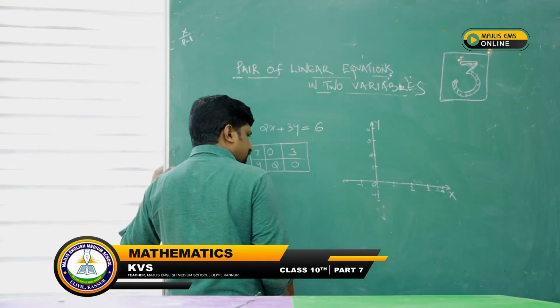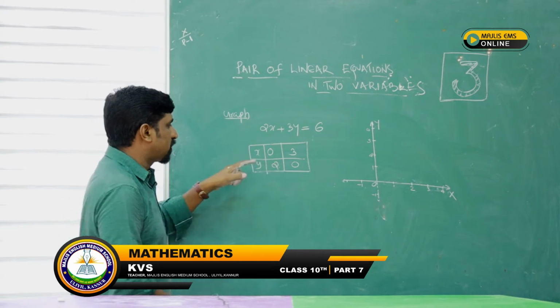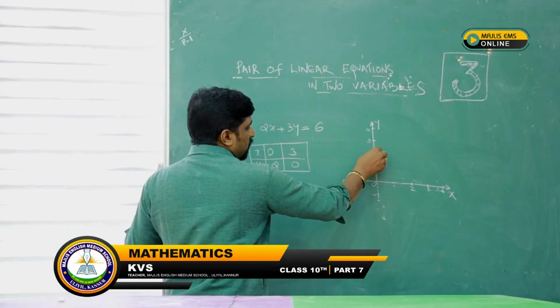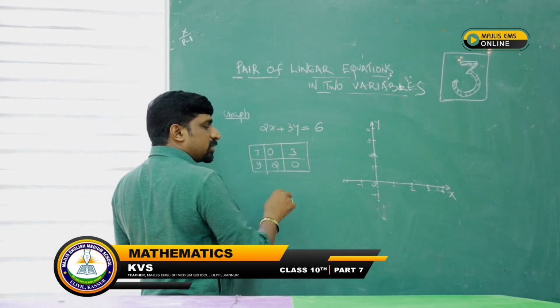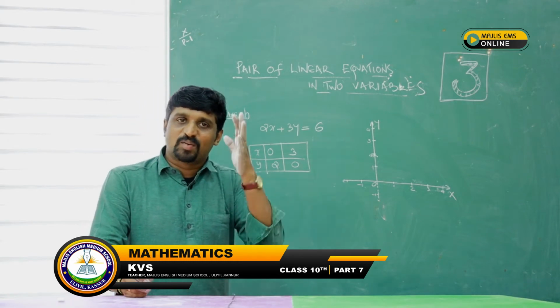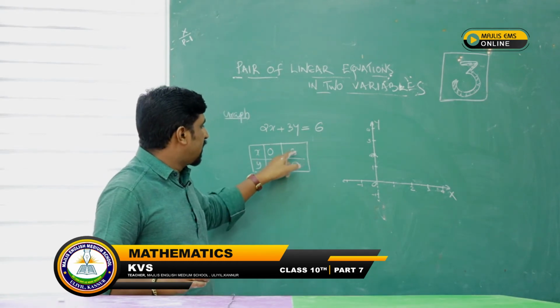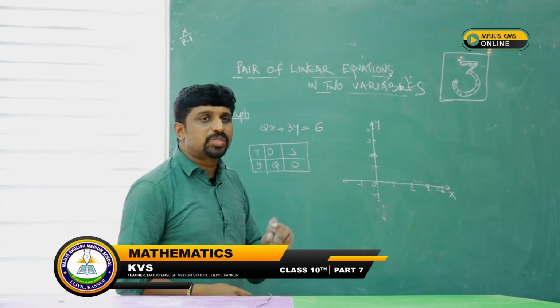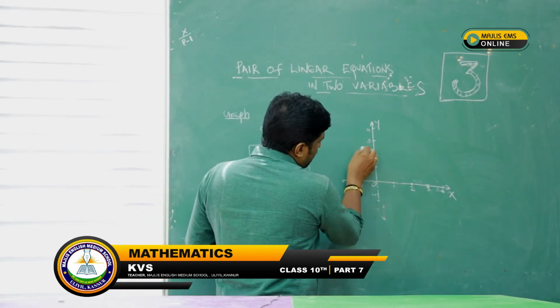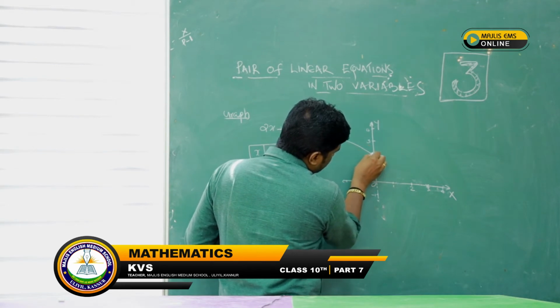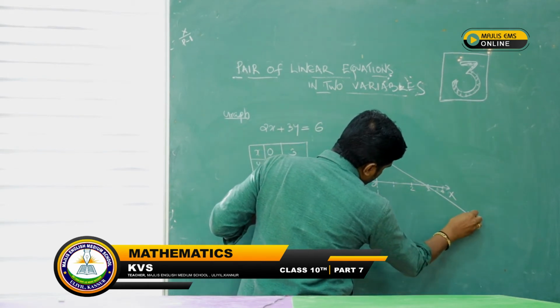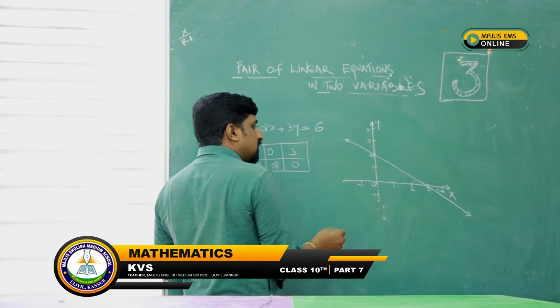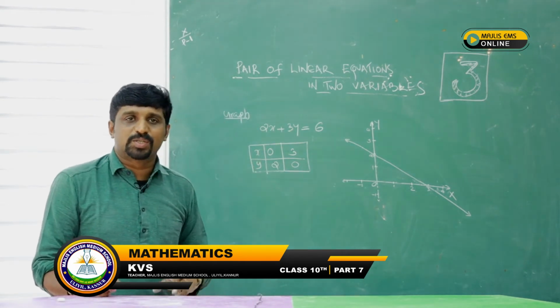Then we locate the first point, 0, 2. Because the x coordinate is 0, that point is always on the y axis. And 3, 0. After that we join the two points and you get a straight line like this. This is the graph of a linear equation in two variables.